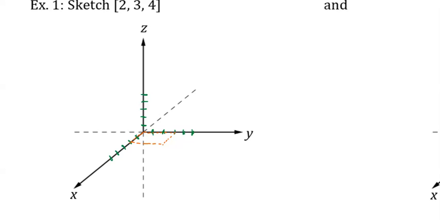Then I'm going to go up 4 for z: 1, 2, 3, 4. And again, I'm going to go out, and just kind of finish my box. I think I have all the lines.